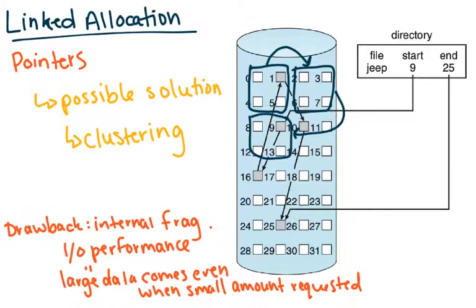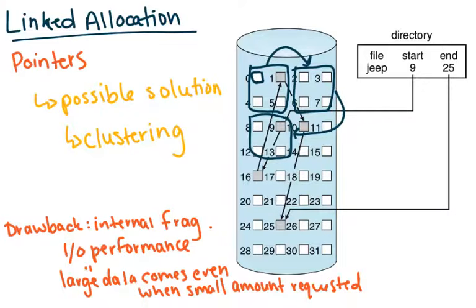All right, so some issues here. Internal fragmentation now, right? If you have a small file that only would have needed one block, but you're assigning a whole cluster to it, you're going to have some internal fragmentation. I/O performance, right? When you want to actually pull data from the store, they're clustered, so you have to pull the whole cluster.